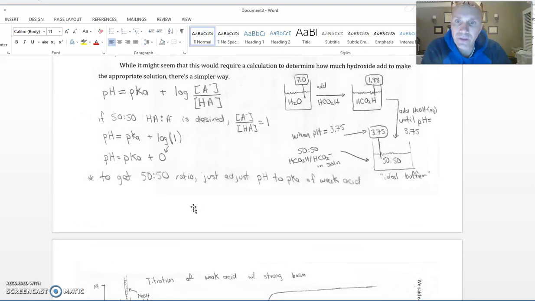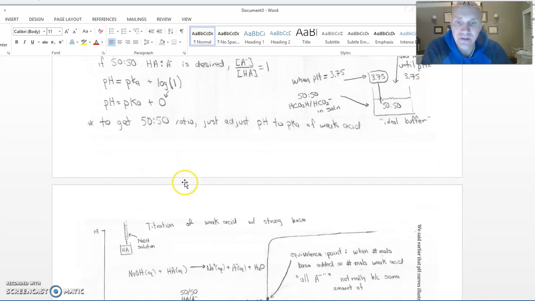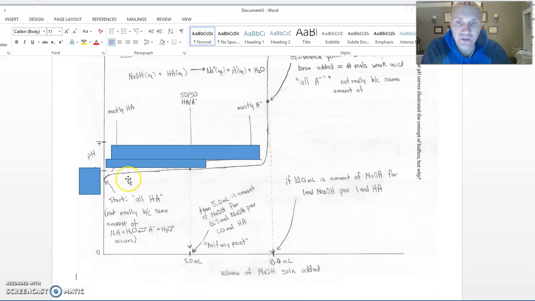Let's go back to this right here. We know that at the point where these guys are equal to each other, whatever the pH is, that's the pKa of that weak acid. So if this was an unknown weak acid, and we looked at this graph, we could say, that's the equivalence point, and that's the halfway point, which represents when you've got a 50-50 ratio of those guys.